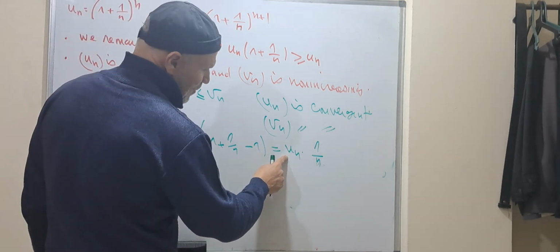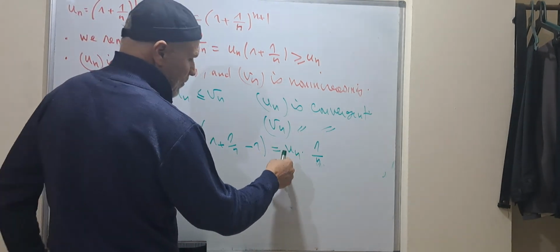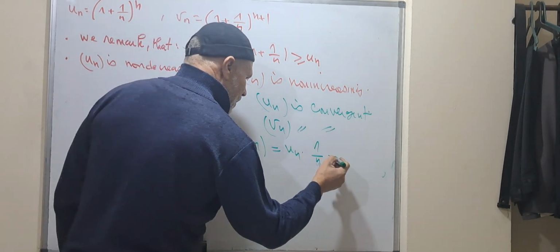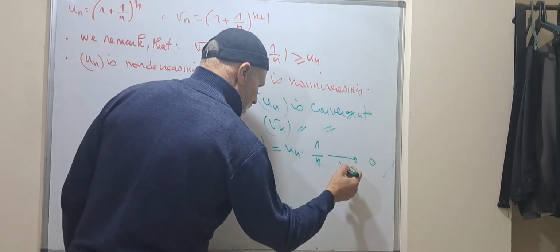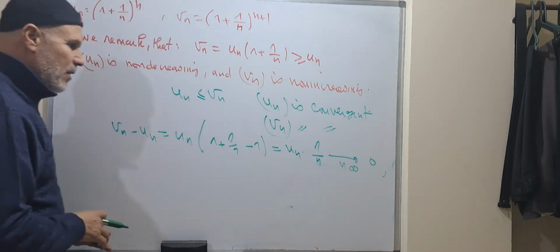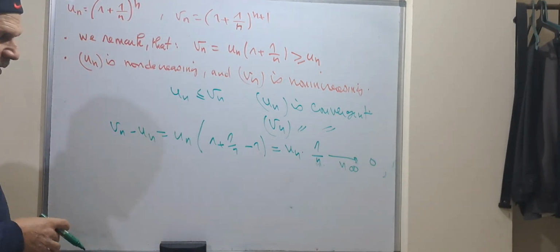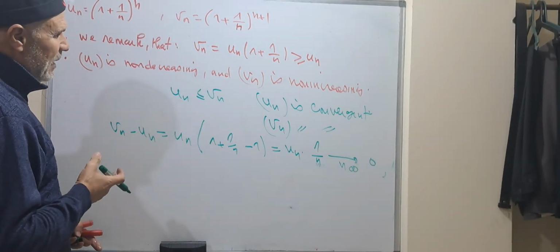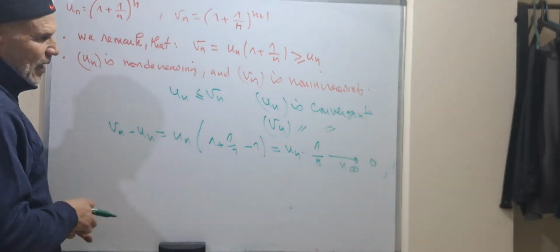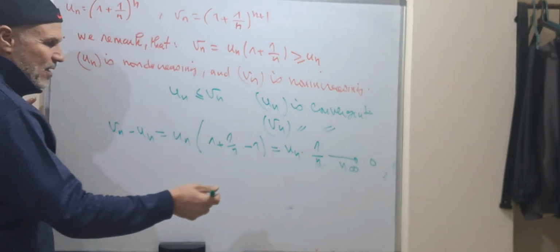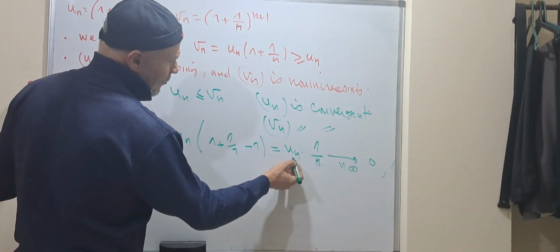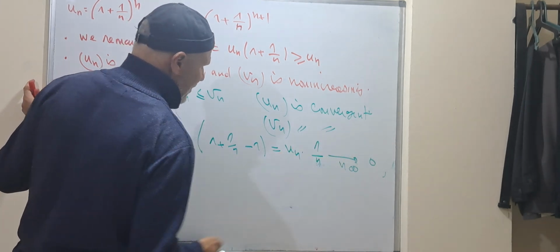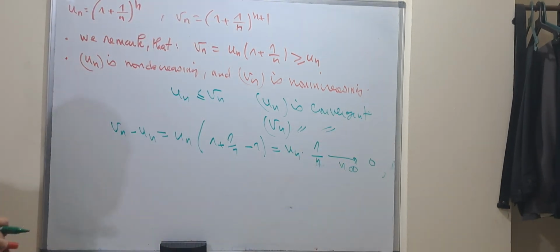Since it is non-decreasing and bounded, it is convergent, and as n goes to plus infinity, un converges to a limit L, and 1 over n goes to 0, so L times 0 is equal to 0.